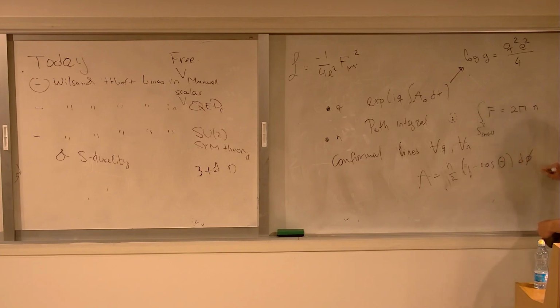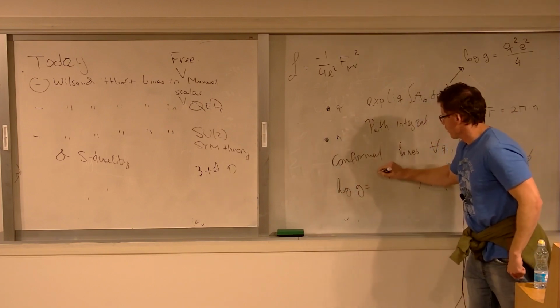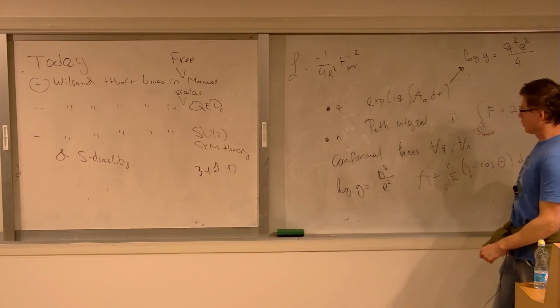This is the famous Wu-Yang, I guess, or Dirac formula for the gauge field in the background of a monopole. Okay, and you can also compute the G function for that, and you get something like N squared over e squared. If you want a little homework problem, you can try to fix the coefficient for the G function of a 't Hooft line.